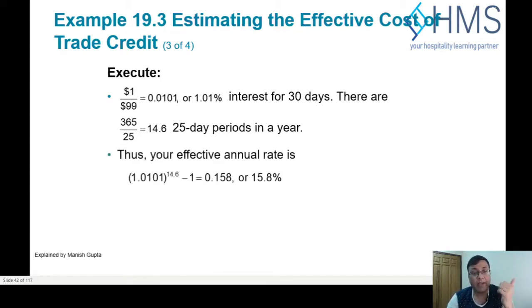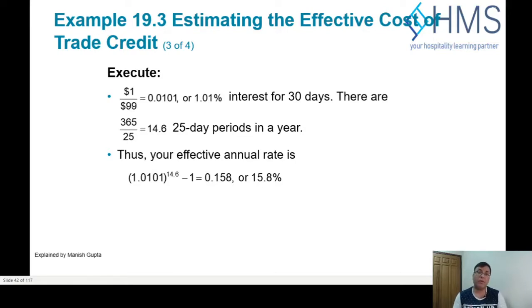So your effective annual rate will become 1.0101 to the power of n, which is 14.6, minus 1. If you solve this, it becomes 15.8%, which means your annualized rate is 15.8%.